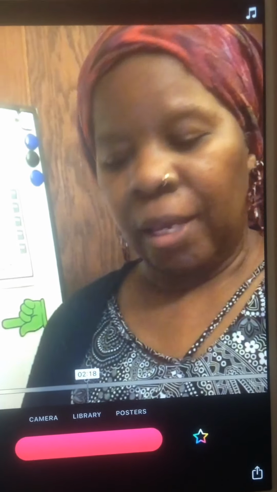So in your packet, you receive a plain sheet like this. So this is a poem before it's been annotated or anything like that. So one of them is Little Things, and the other one is Dreams. Let me show you what it's going to look like once we finish annotating it.